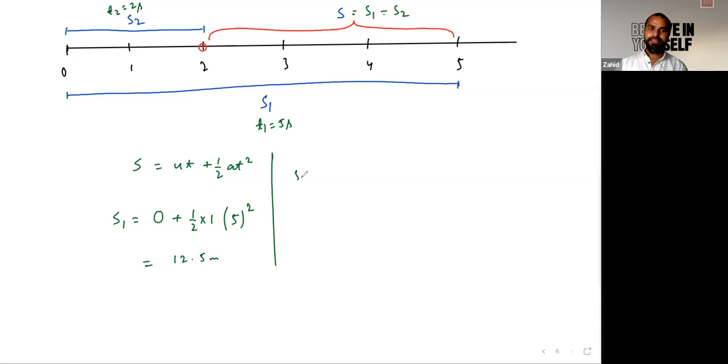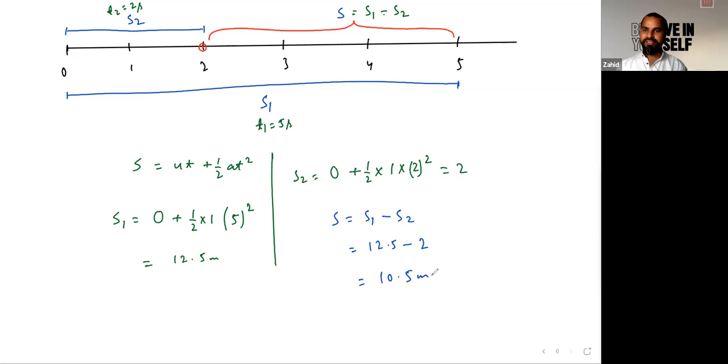Similarly, for S2, initial velocity is 0 plus half, acceleration is 1 and time here is 2 seconds, so it becomes 4 over 2, which is 2. So we have to calculate S. S is nothing but S1 minus S2. S1 is 12.5 minus S2 is 2, so it becomes 10.5 meter.